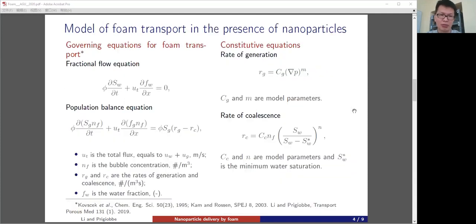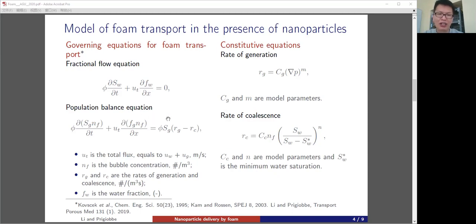So here is a mathematical model to describe the foam transport and nanoparticle transport in porous media. On the left-hand side is a fractional flow equation, which describes the flow of the gas phase and water phase, and also the population balance equation to describe the generation and the coalescence of bubbles.